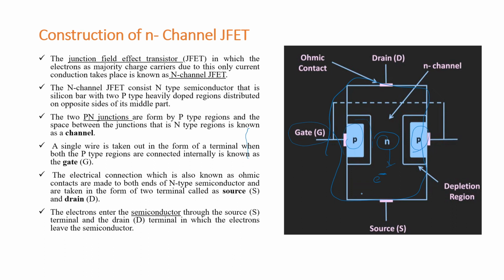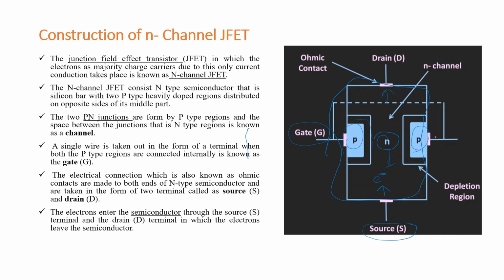And source and drain, the other two terminals, what are they? The source terminal is where the majority charge carriers enter the channel, and drain is the terminal where the majority charge carriers leave the channel.